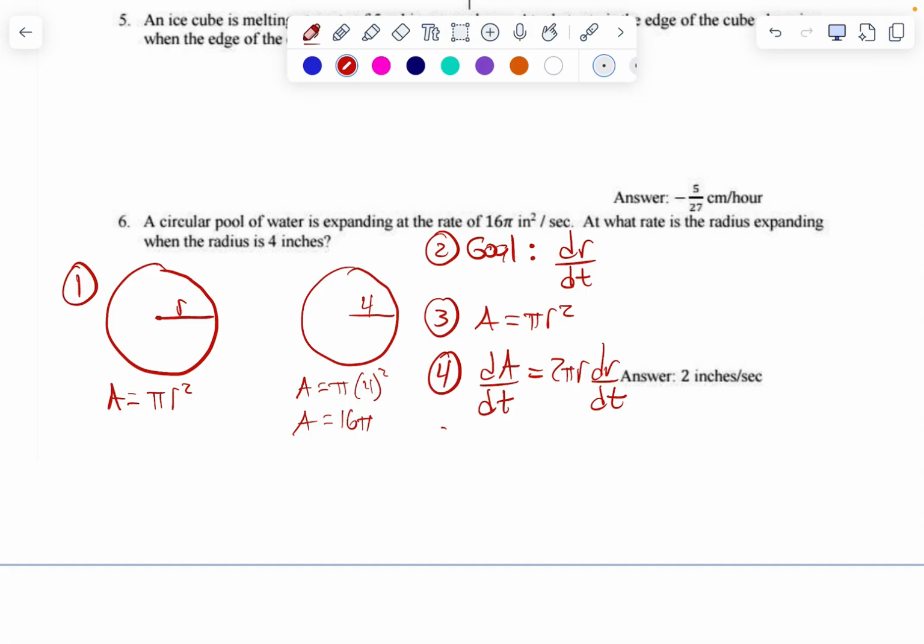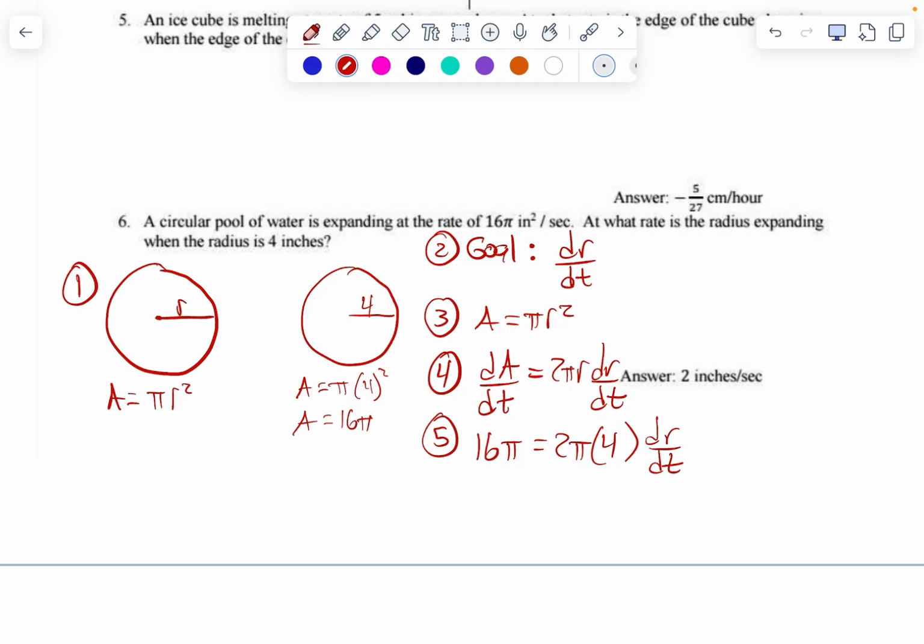What do we know in that differential equation right there? I know dA dt, so 16 pi rather. R is 4 currently. And we don't know dr dt. Note that even though I solved for the area at the current moment, it isn't actually in there, which is fine.